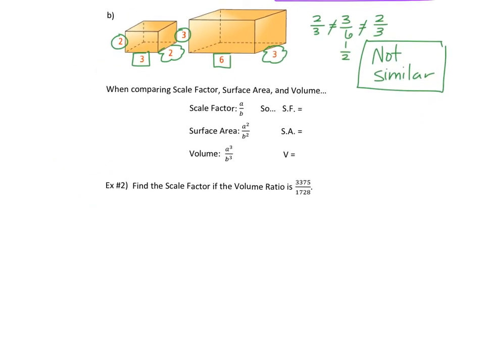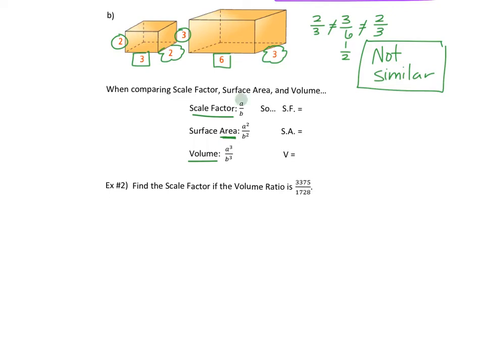Okay, so something to keep in mind. We kind of have done this before. We did the scale factor, and then we did perimeter ratio, and then we did area ratio. Do you remember that last chapter? We're going to do a very similar thing this chapter, but now it's going to be scale factor, still area. Remember area, we squared it, but now we're also going to have a volume ratio. Okay, so here's how it works.